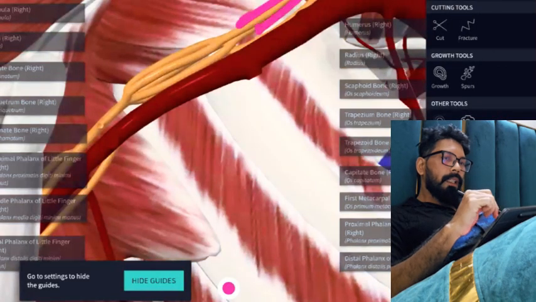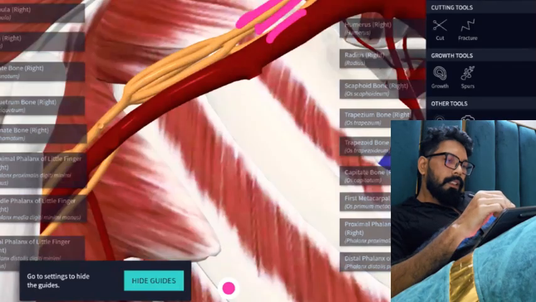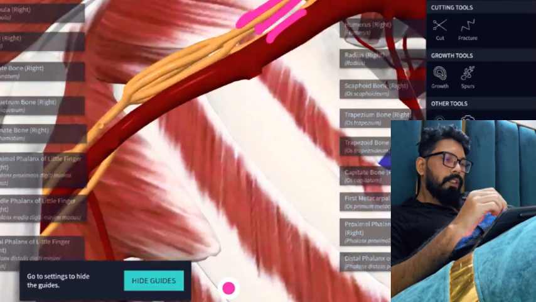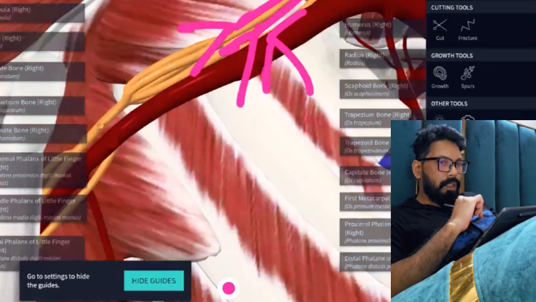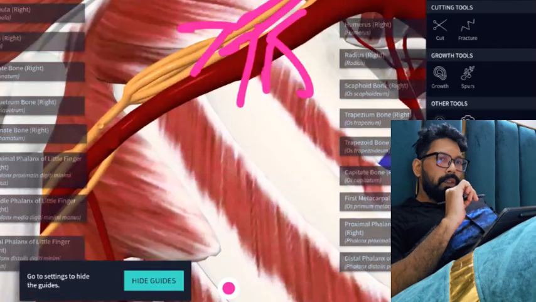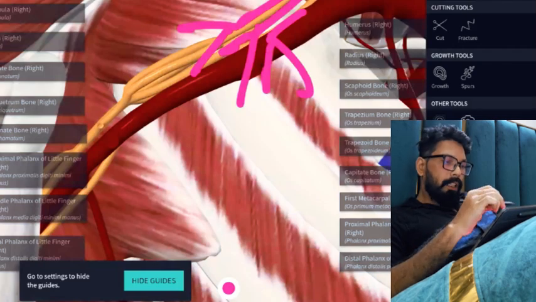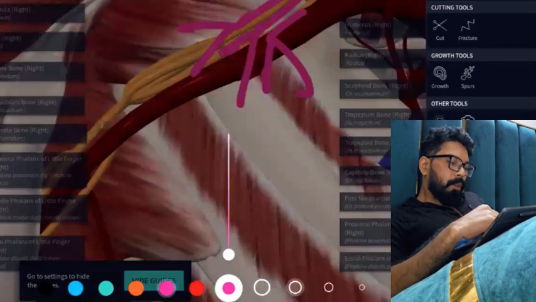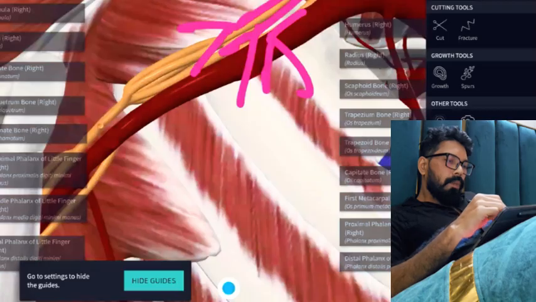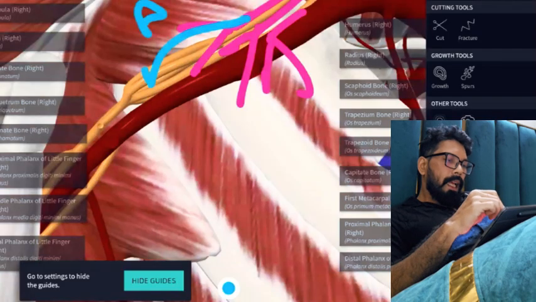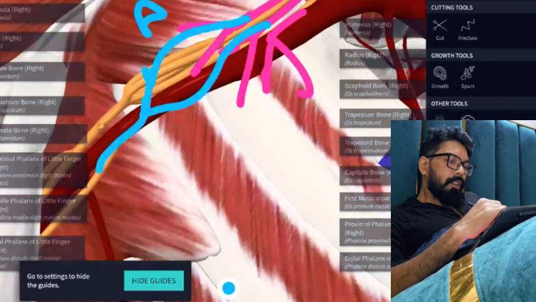The upper, middle, and lower trunks will divide into anterior and posterior divisions each. Okay, so from the upper anterior and the middle anterior, let me mark it blue, we will have our lateral cord.